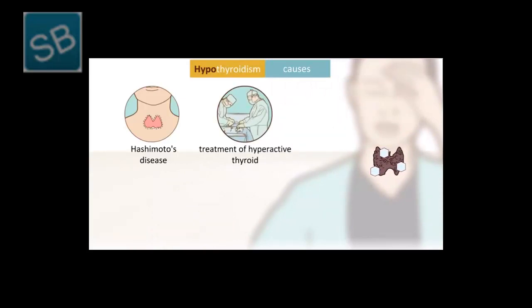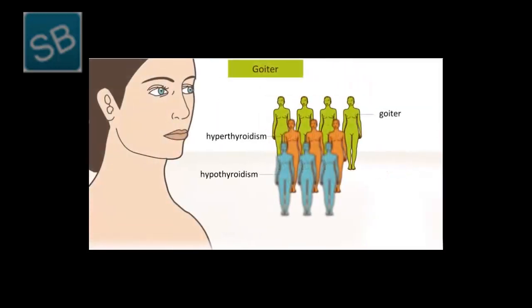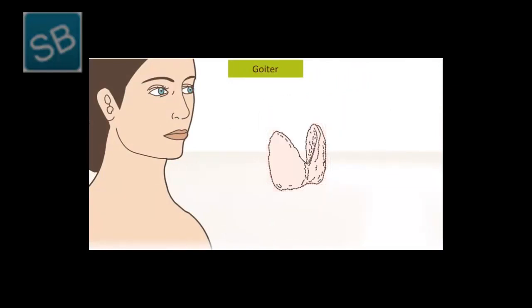These thyroid disorders can also be caused by changes in the structure or form of the thyroid. In some cases, the thyroid may be enlarged. Goiter is one of the most common thyroid problems. When you have goiter, the thyroid gland gets enlarged and there is a visible swelling in the neck.